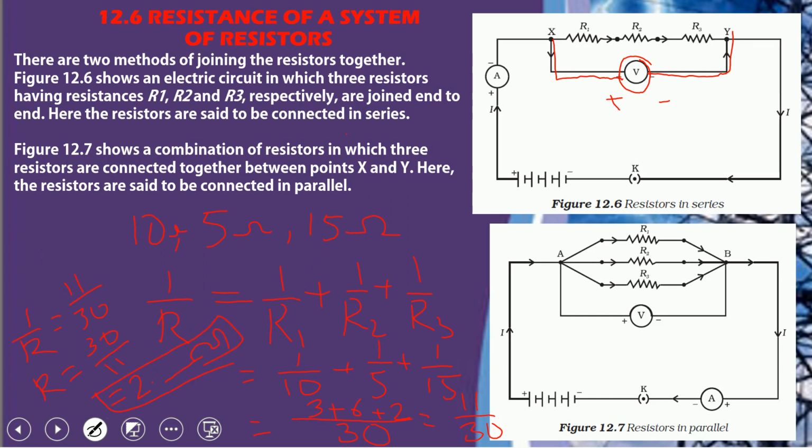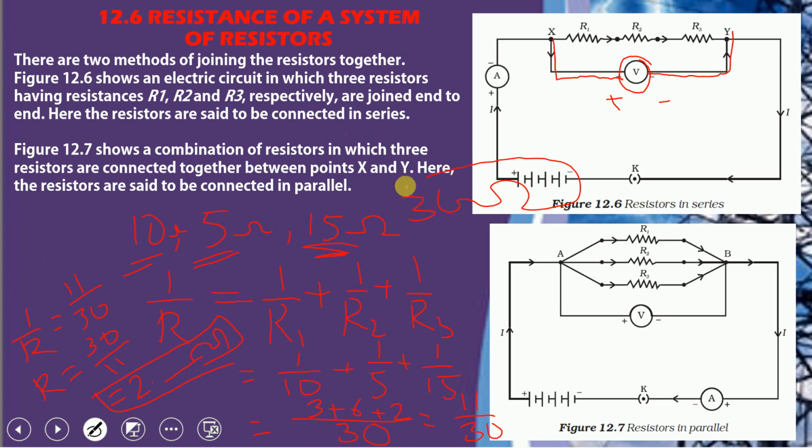Whether it is 2 ohm or 2.5 ohm, whatever you get while dividing, this is less than 10 ohm, less than 5 ohm, less than 15 ohm. Understand? If we have 3 resistances, 10, 5 and 15, and we connect them in series, we get 30 ohm.